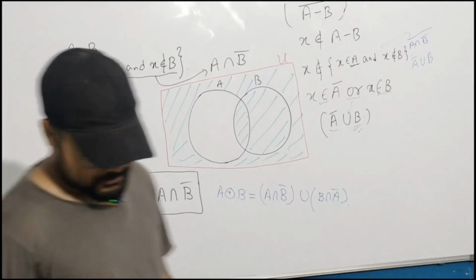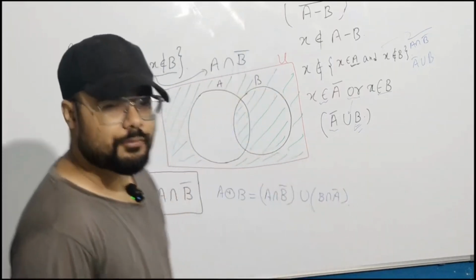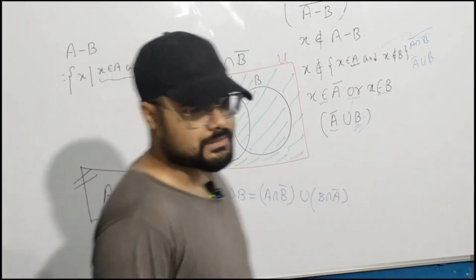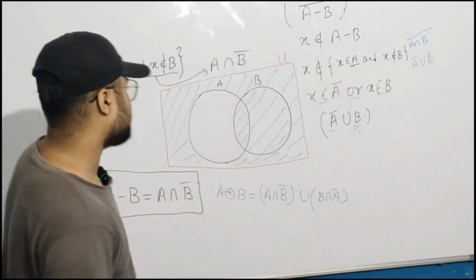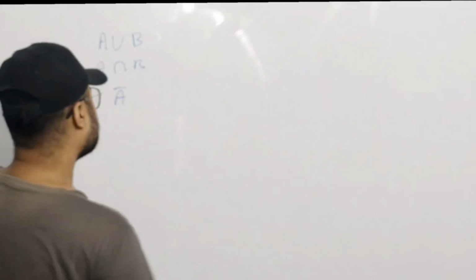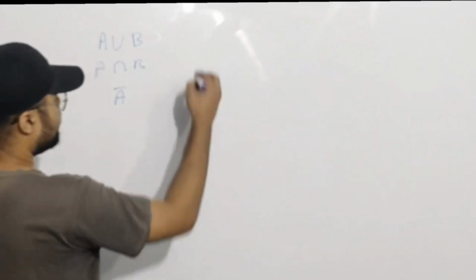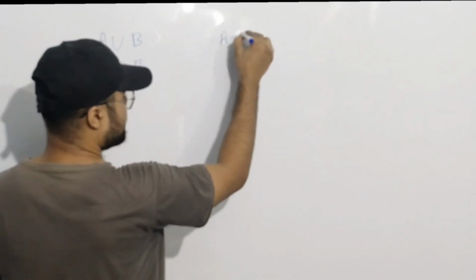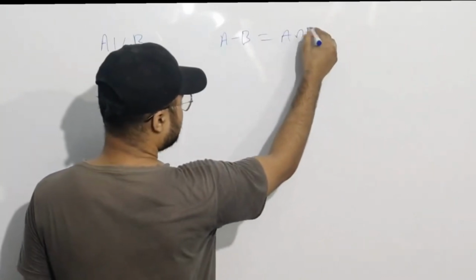So let me just summarize the formulas that we have seen so far. These are the three very fundamental set operations. And then we know about set difference A minus B, and we found that A minus B is A intersection B complement.